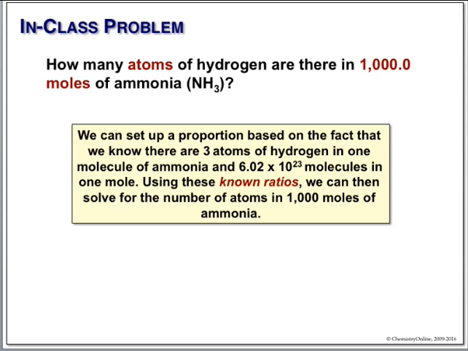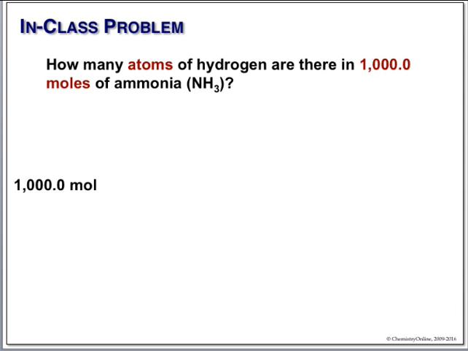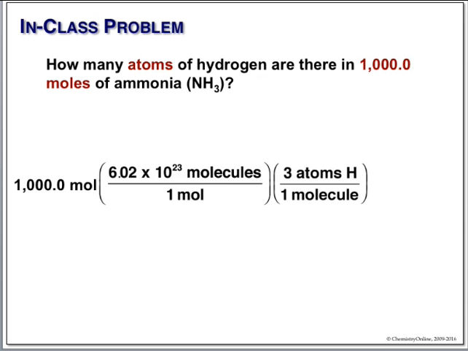So we'll start off with our given. That's 1,000 moles. Next, we need to convert this into the number of atoms. There are 6.02 times 10 to the 23rd molecules in every mole. So now we know how many molecules we have.